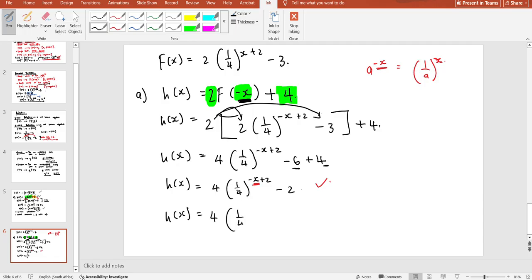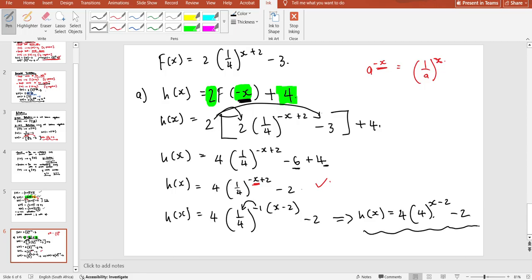So in that whole exponent, I first factor out a negative. And if I do that, this is now a minus 2 with a minus 2 there. And now this negative affects that fraction to make it a whole number. And if that happens, h of x is now a 4 outside, a 4 inside, and x minus 2, with a minus 2. And this is the way I like looking at it.